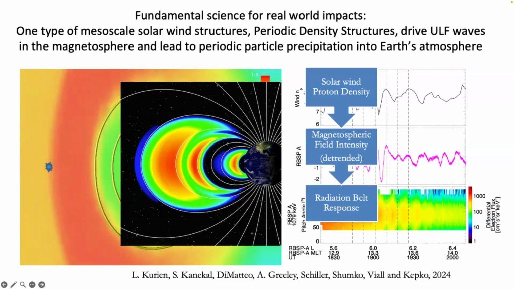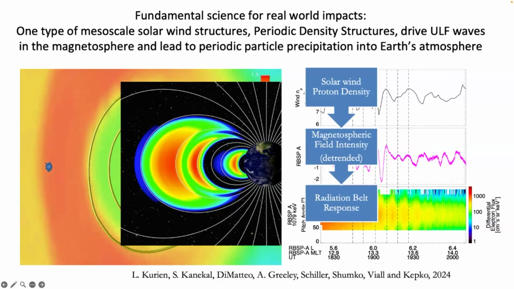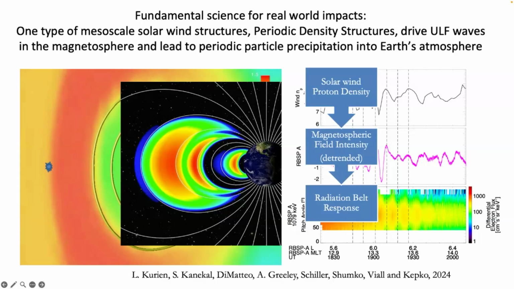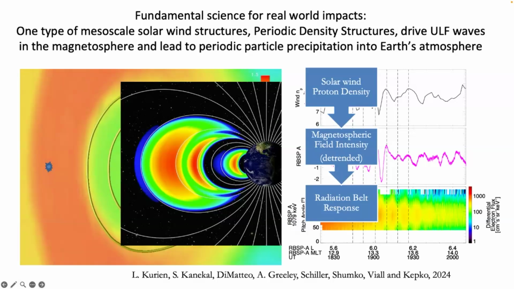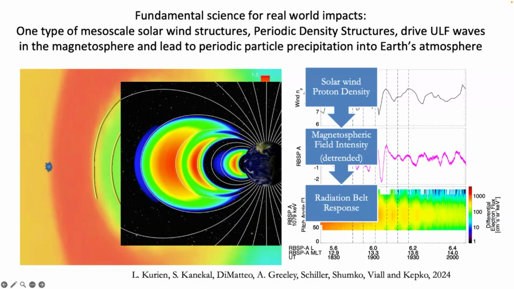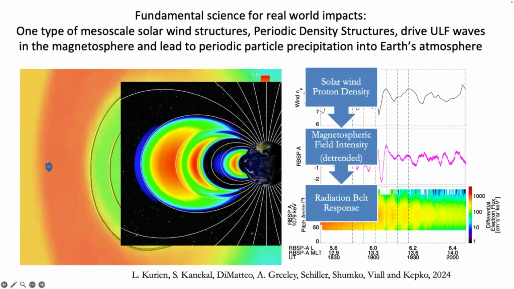And even on these quiet days, when there weren't big CMEs, we still have many events now where we see that the Earth's radiation belts respond, and not just in an adiabatic way, but actually lead to particle precipitation out of Earth's radiation belt into Earth's atmosphere. And that's what this event is showing: the cartoon on the left, and the actual data showing Wind dynamic pressure and then RBSP data on the bottom.